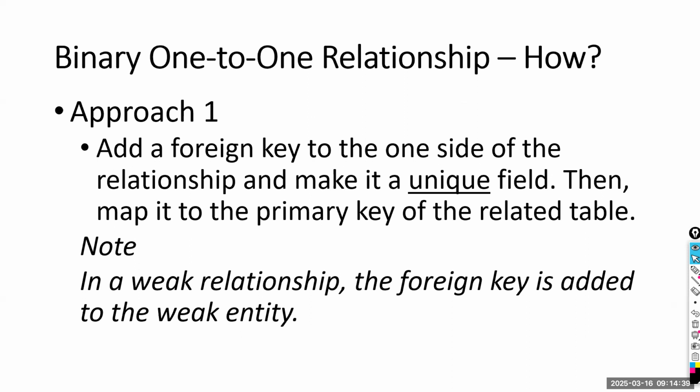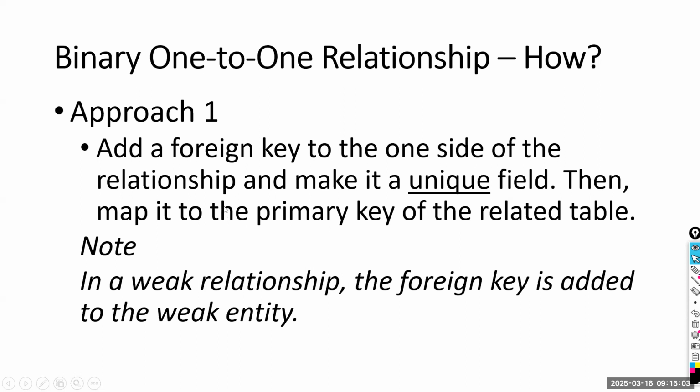How do you create a binary one-to-one relationship? Because unary we will take separately. Initially, we are only concentrating on binary, because binary is the easiest to understand, and more than 90% of the time, what you get is binary relationships.